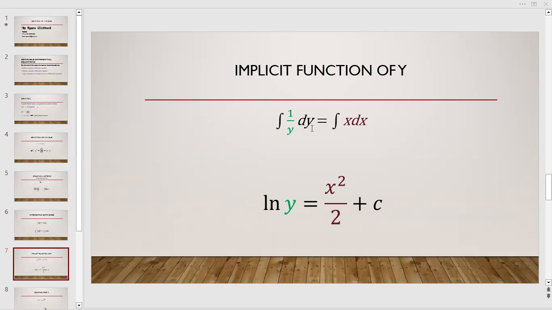So to separate them, we are going to have exponential x squared over 2 times exponential power c. Have you seen that, class?